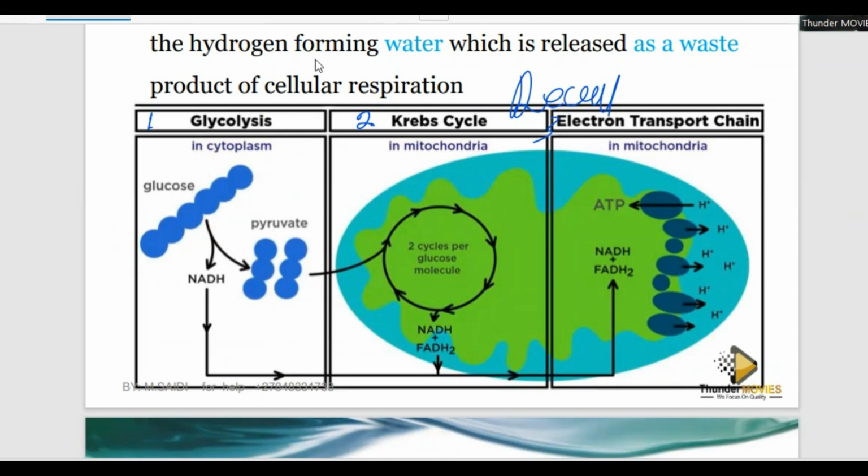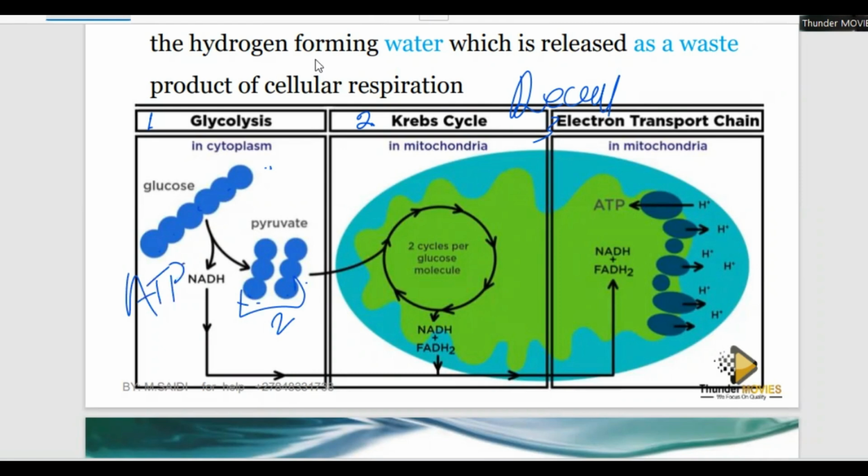Remember I told you that when these enter here, they undergo a series of electron transport. What is very important in glycolysis is that the 6 carbon molecule breaks down to form 3 carbon molecules, 2 of them. Number 2, you produce a bit of ATP.